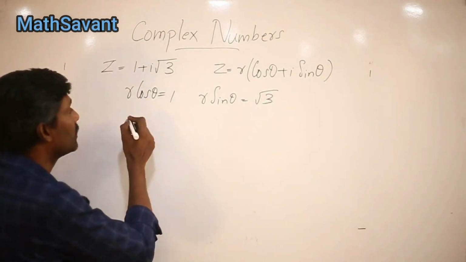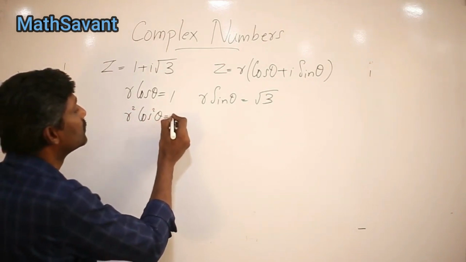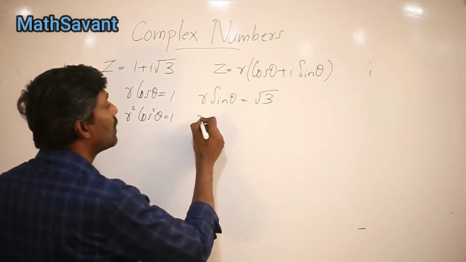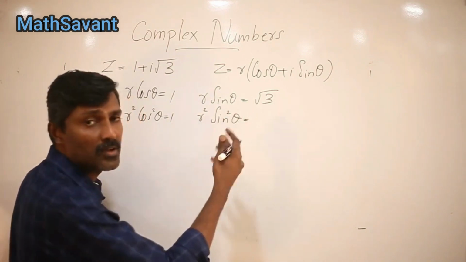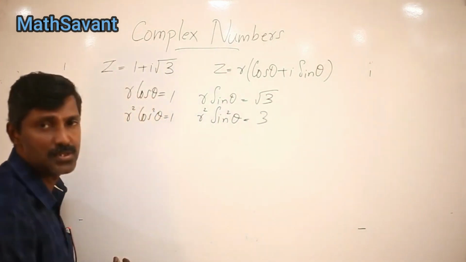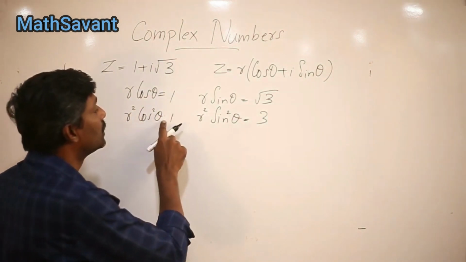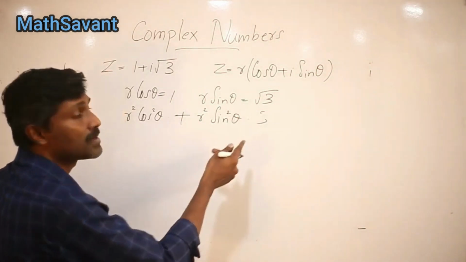Okay, square this one. What do you get? You get r square cos square theta is equal to 1. And here you get r square sine square theta is equal to, what is the square of root 3? It is 3. Okay. Now add these two things. So what do we get? 1 plus 3, right?